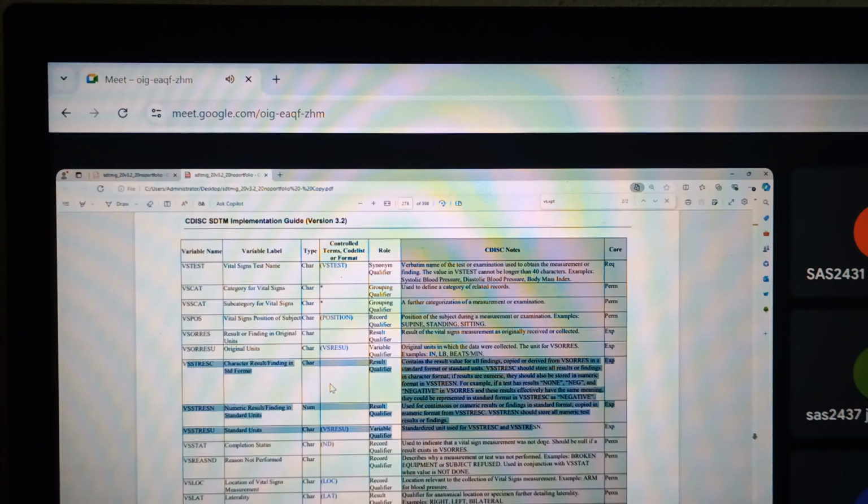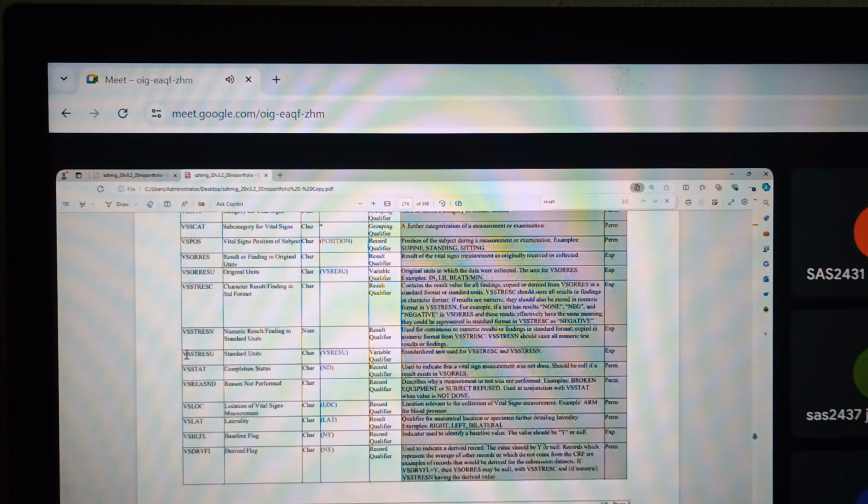But in the vital signs, it is not really required. I mean, 99% it's not required, only LB will require it. If both the original and the character results are in the same units, then your original results can be mapped one-to-one to the character results and then numeric results.